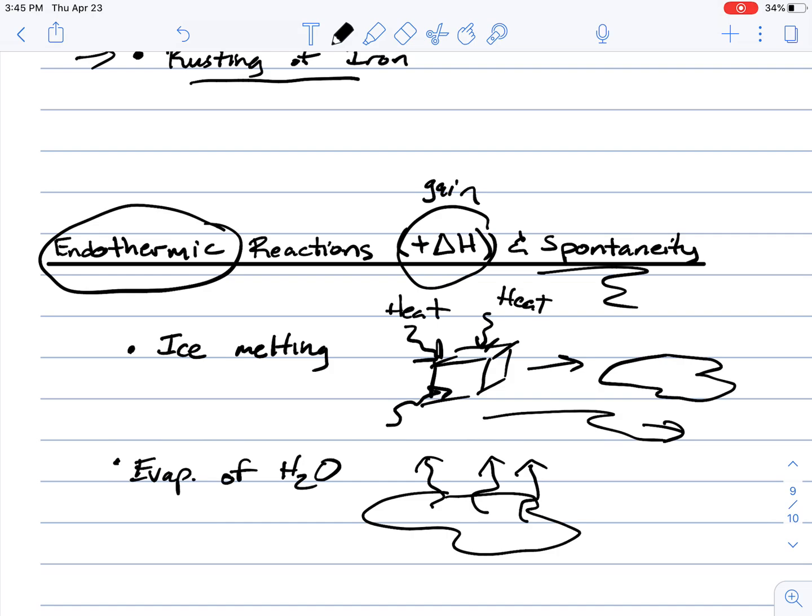This is an endothermic reaction because for it to evaporate, it must gain heat, it must gain kinetic energy, for those water molecules to evaporate and become gaseous in state. These are a couple of examples that demonstrate that endothermic reactions can also be spontaneous.